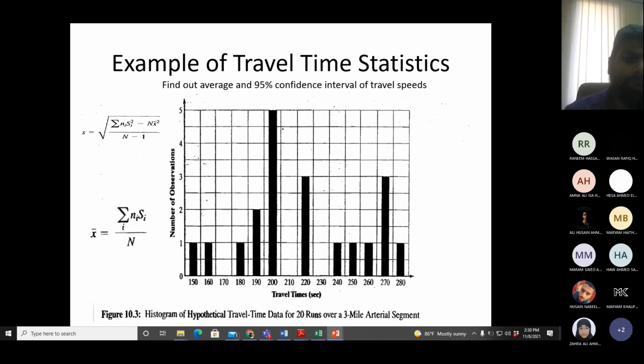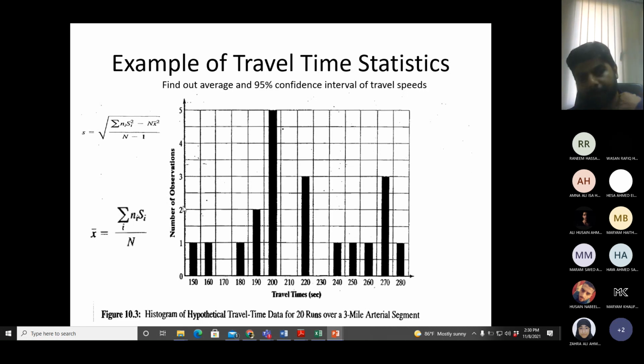150 seconds of travel time was observed for how many vehicles? 1. Same thing for 160 as well. 170 seconds of travel time was not observed at all. 180 seconds was observed for 1 vehicle, 190 for 2 vehicles, 200 for 5 vehicles, and so on.